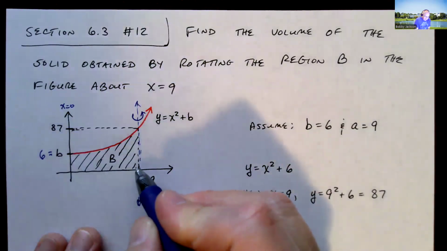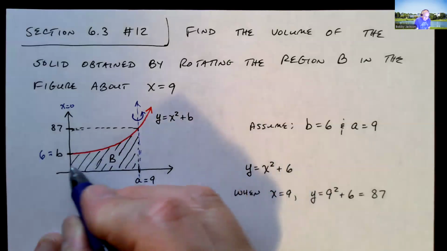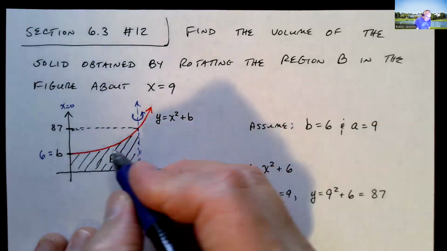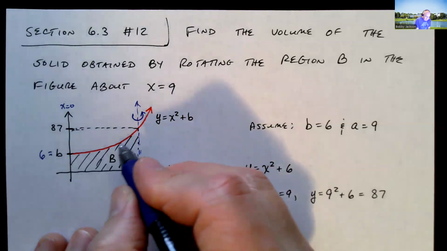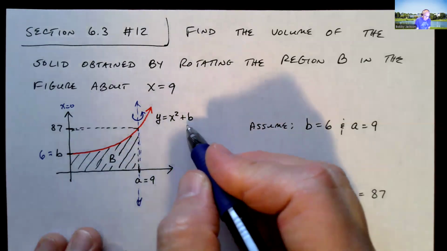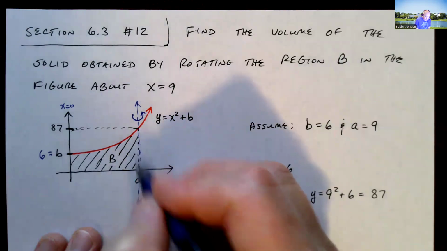The right endpoint is always this line here, which is x equals 9. In fact, the length of any rectangle will always be 9. But then something changes at y equals 6. Between y equals 6 and y equals 87, the left end of our rectangles is on this curve, y equals x squared plus 6, and the right endpoint is on x equals 9.